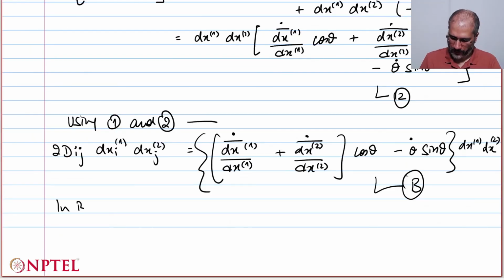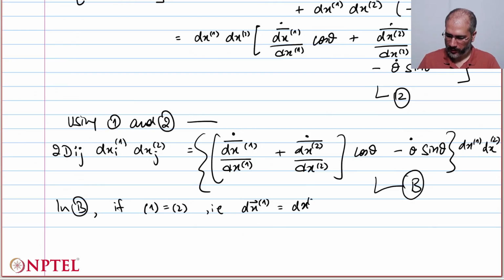So in b, if I take 1 equal to 2, that is, I basically say that my vector dx1 is the same as the vector dx2, let's call this the vector dx, that gives me something which we already know.